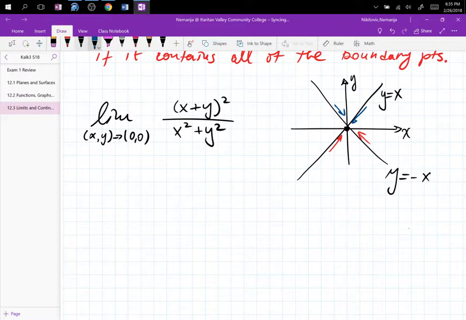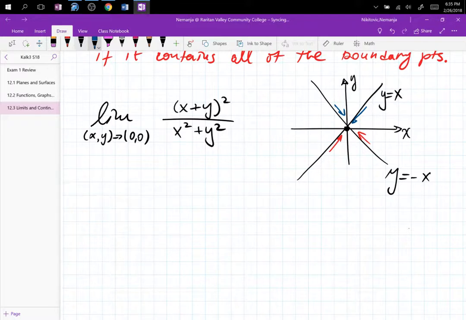But then I decide to have an approach that goes perpendicular to it. So half of this approach is walking on a desk, but the other half is walking on the floor. Now that one will have no limit, because one will give you 0, the other one is giving you 3. So you see that it matters which way you approach the point at the edge.